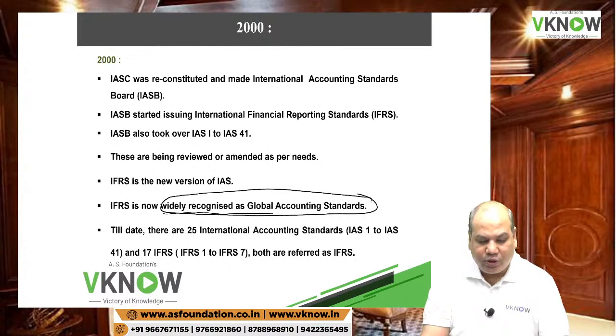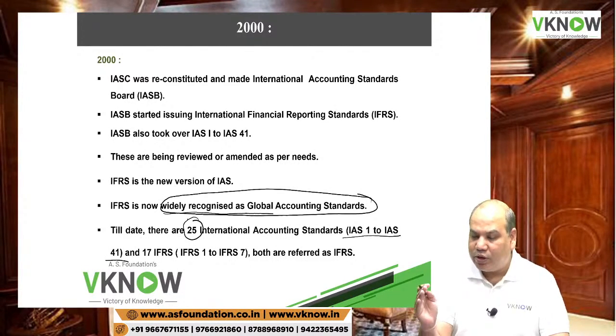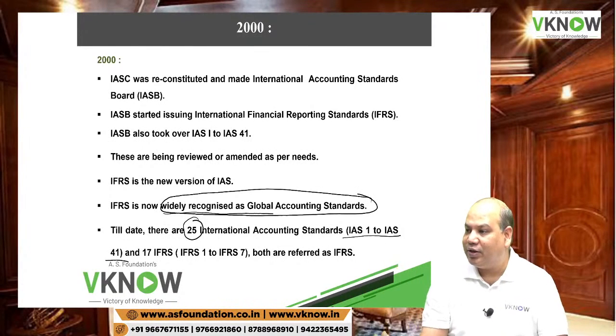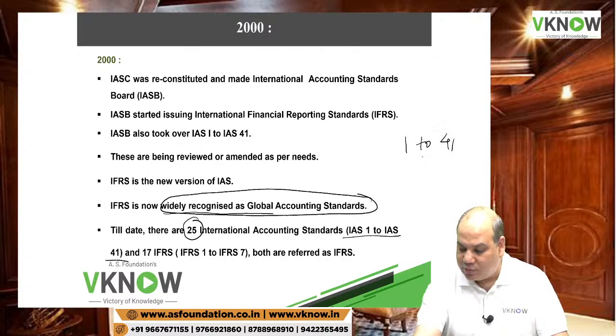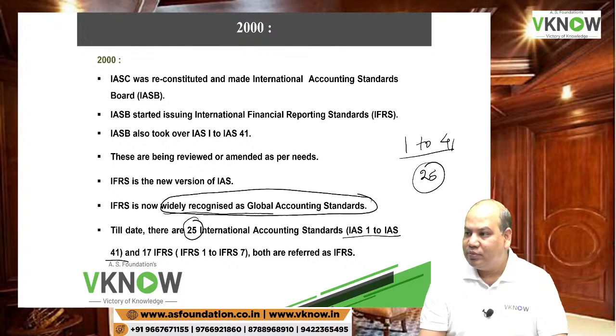Till date, there are 25 international accounting standards, IAS 1 to IAS 41. Why is the number different? Some of the IAS have been deleted. That is why the numbering system will say 1 to 41. But if you actually do the counting of which are applicable, only 25. So approximately 16 standards have been deleted, and in place of that new standards have been issued.